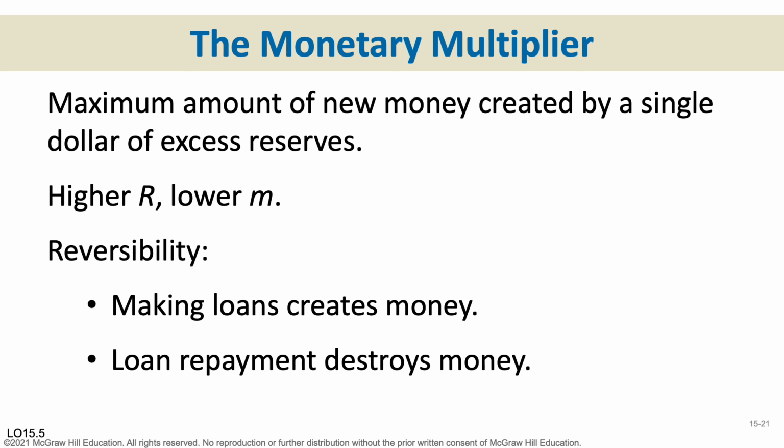Remember, the only two things in M1 money is currency and checkable deposits. So when a person gets a loan, their checkable deposits goes up. That created money. But when a person repays a loan, that money comes out of their checking account, goes back into the bank. Hear my sentence.